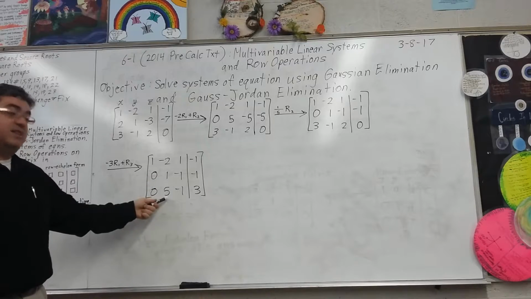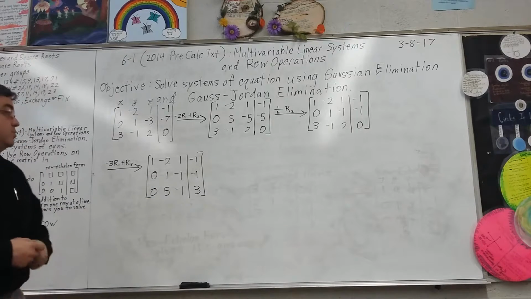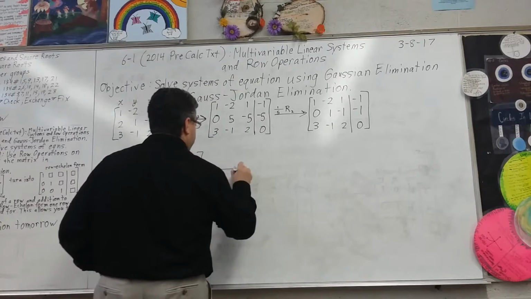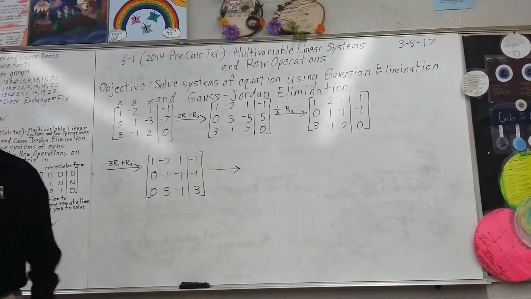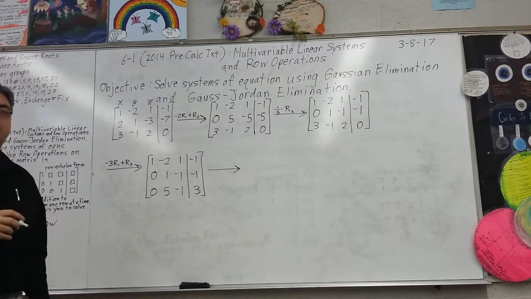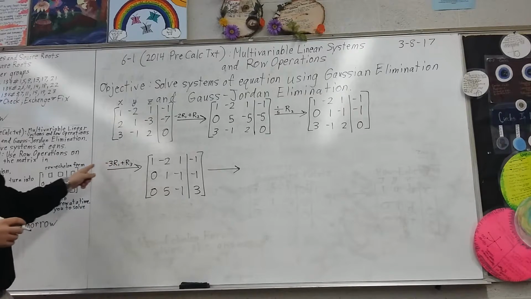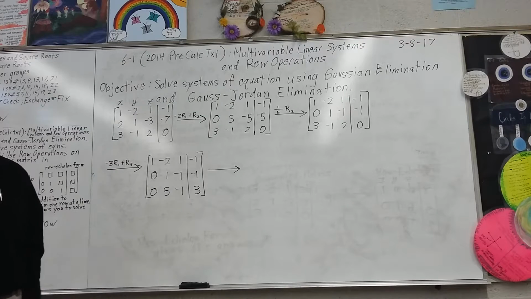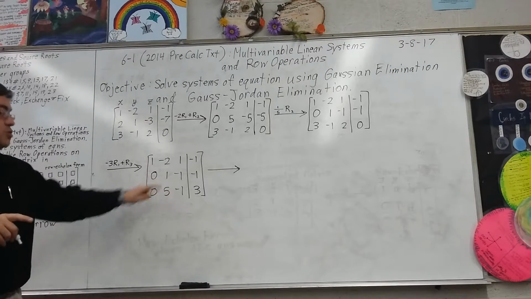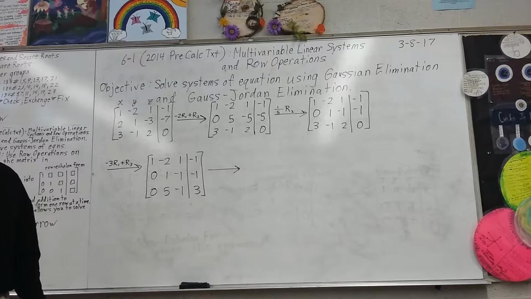So, I can turn this into a 0 using row 2. What would I do to make that happen? Give me the language now. Read it off or tell me it like you would read it here. Something times row 2 plus row 3.